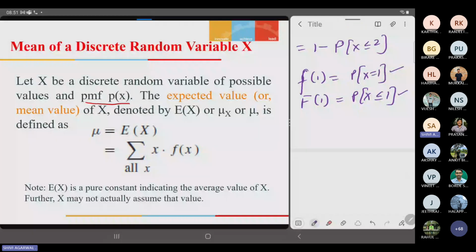The expected value of X, denoted E(X), is known as the mean value or average value, and it is the summation over all x of x times f(x), where f(x) is the probability density function multiplied by x here. Okay. Last example, which we are just explaining in the last example.